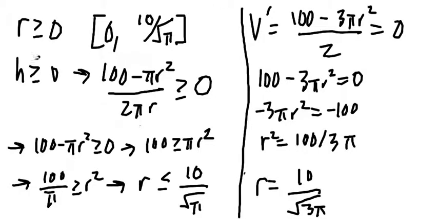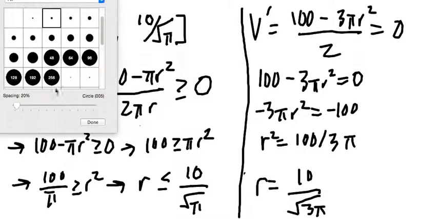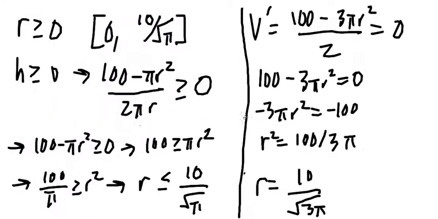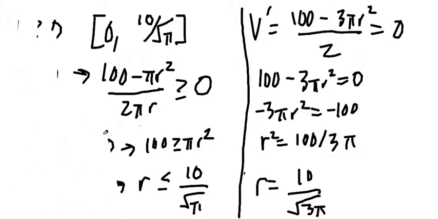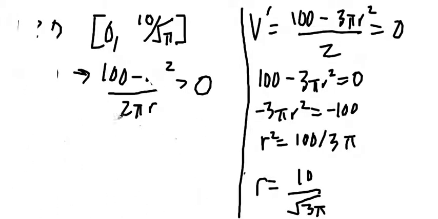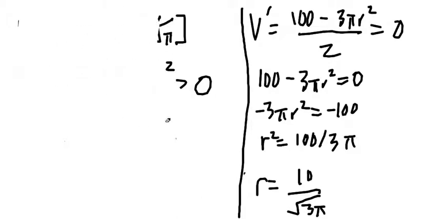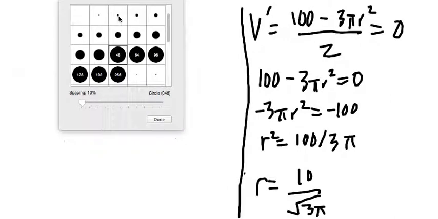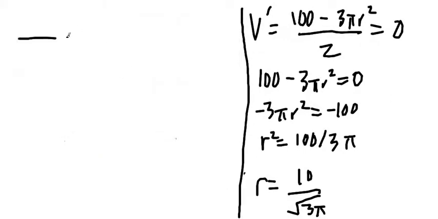So now we have to plug these numbers into the original volume expression. So we are going to make a table, and on the left-hand side, put in the endpoints for r.